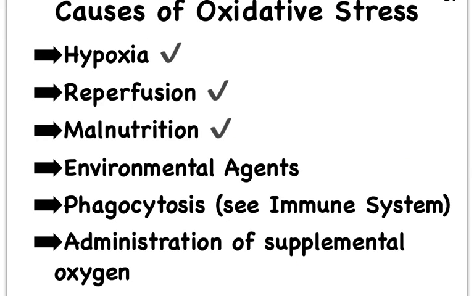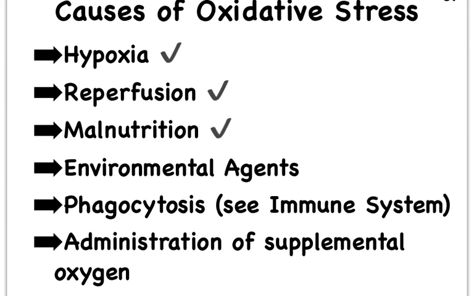So far we've looked at hypoxia, we've looked at reperfusion, we've looked at malnutrition as causes of oxidative stress. You're going to study phagocytosis in quite a bit of depth when we get to the immune system, and then we'll briefly discuss the problems that might occur due to supplementing a patient with oxygen.